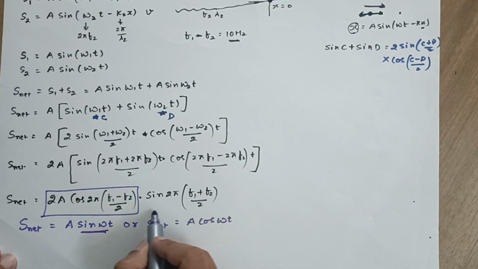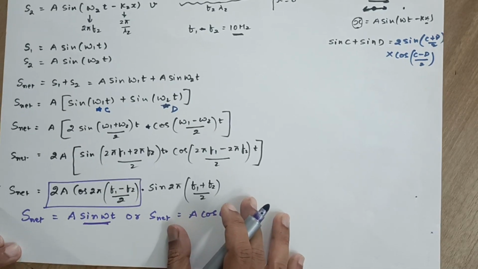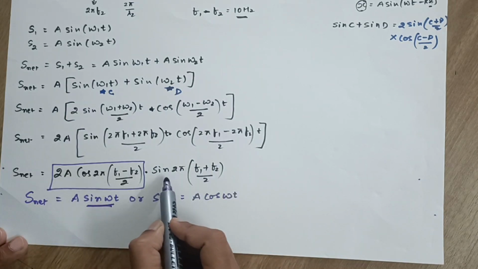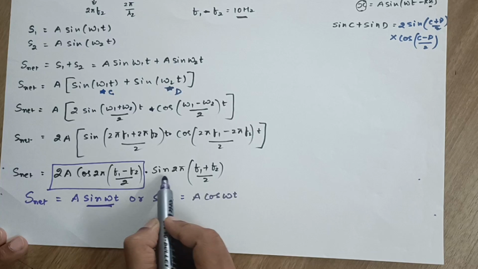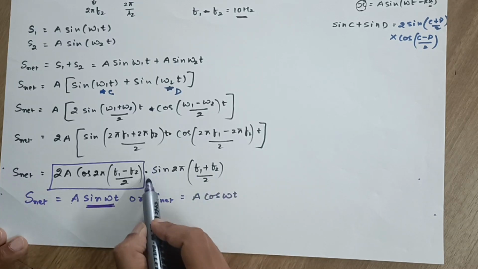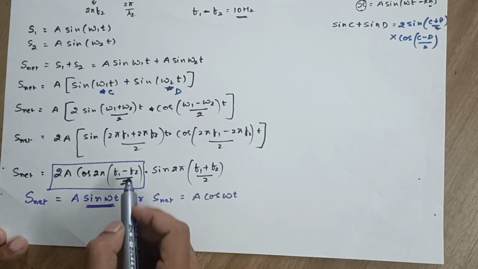Now you might have this question: sir, why are we not equating with this one? I'll give you the answer shortly. So what we have here is the following. The coefficient of this entire sine term is the amplitude.